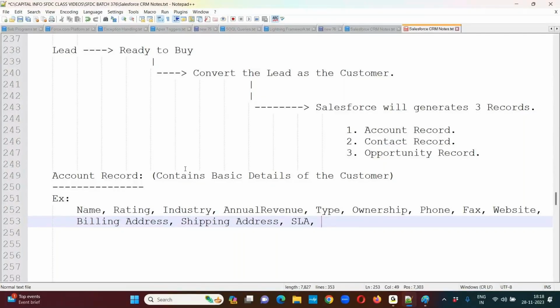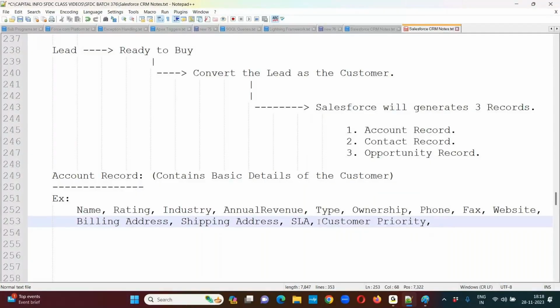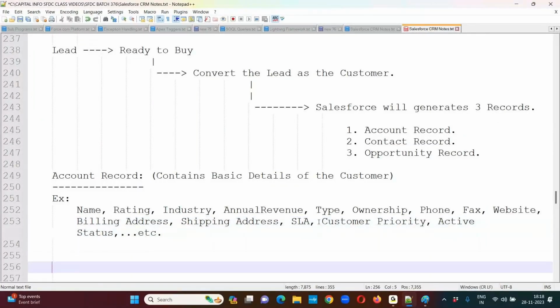Now, what type of SLA have we committed? And then customer priority. What is the preference that we are giving to the customer? Active status, whether the customer is active or not. All these details we store inside the account record.